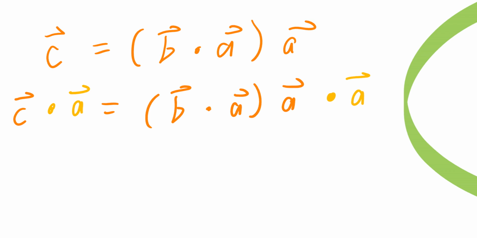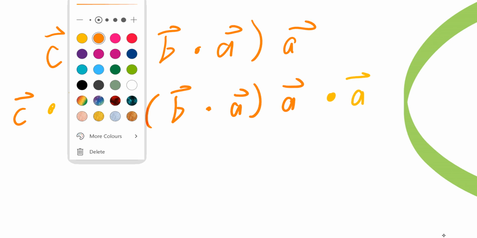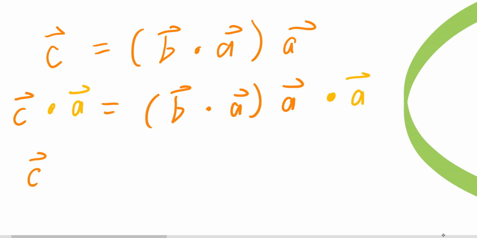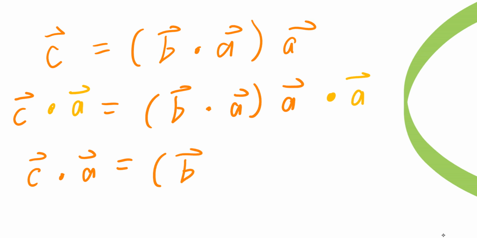Everything I'm doing, I'm trying to get closer to identifying where I can get vector D dotted to vector A. If you really look at it, the left-hand side is going to be vector C dotted to vector A. And on the right-hand side, I can rewrite this in terms of vector B dotted to vector A, which is a scalar outcome, by the way. And I could put some brackets here, which is basically vector A dotted to vector A.